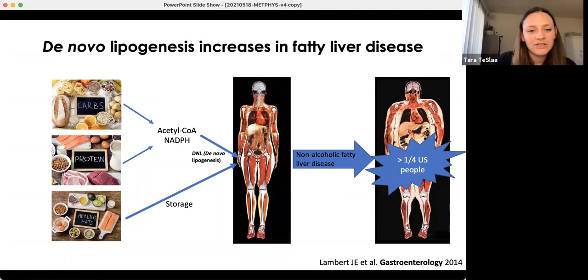And the building blocks of de novo lipogenesis are really acetyl-CoA and NADPH. And this pathway, de novo lipogenesis, is known to be increased in patients with non-alcoholic fatty liver disease, thanks to some really nice work by Elizabeth Park's lab.